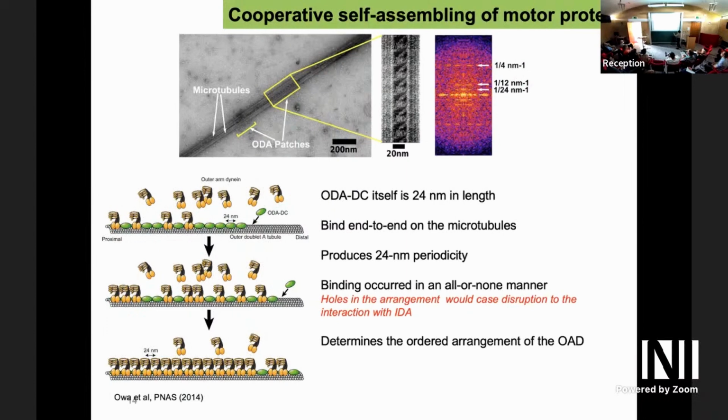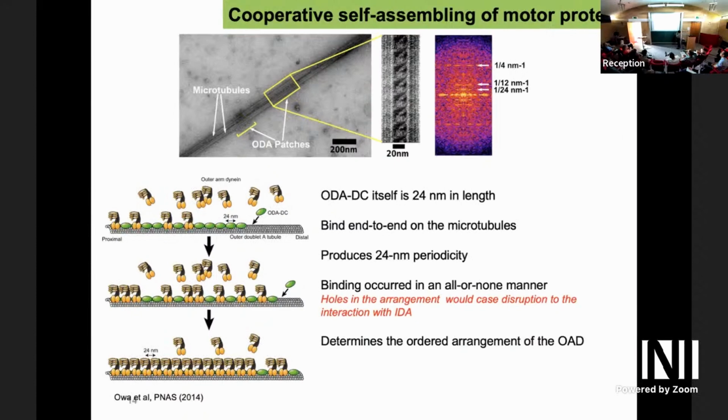They don't go together. That's why the docking complex binds on the microtubules in an end-to-end fashion, and then the motors attach on this docking complex.